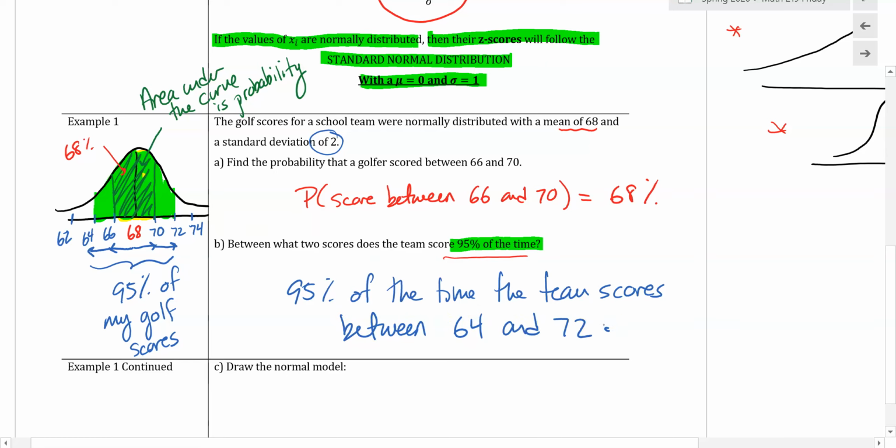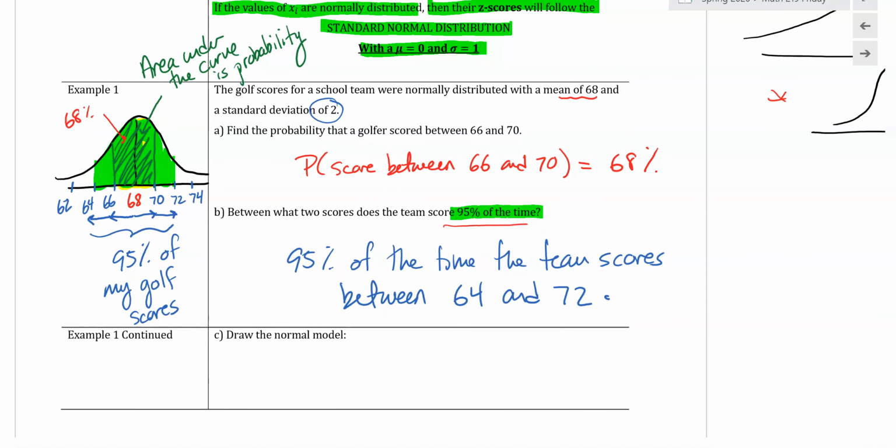That's thanks to the fact that golf scores in this case are normally distributed, so they follow the bell-shaped curve, and therefore the empirical rule applies. Meaning you go 1 standard deviation left and right, you hold 68% of the data. You go 2 standard deviations, you hold 95%. And 3 standard deviations left and right would hold 99.7% of the data.